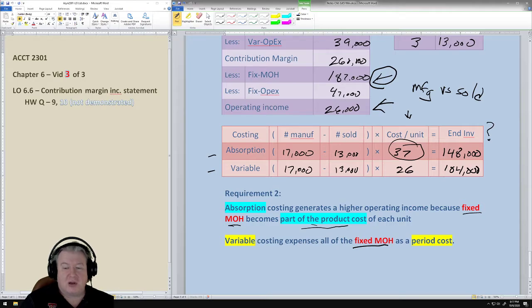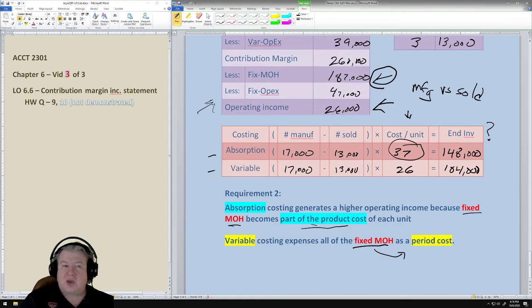Under variable, it is pulled out and expensed as a period cost. That's this right here. Now, they say it generates higher operating income. Well, in that particular month, if that ends up being the way that it shifts. So it could go either way. So that's why I say it's a little bit of a tricky question. Just remember, absorption has the fixed MOH as part of the product cost. Variable has the fixed MOH as part of the period cost.